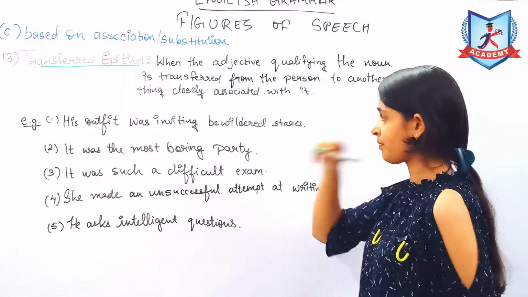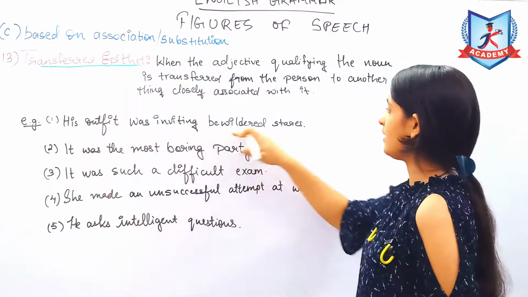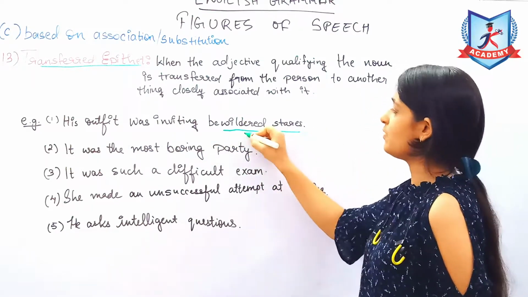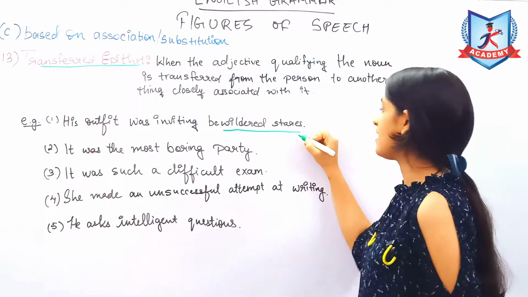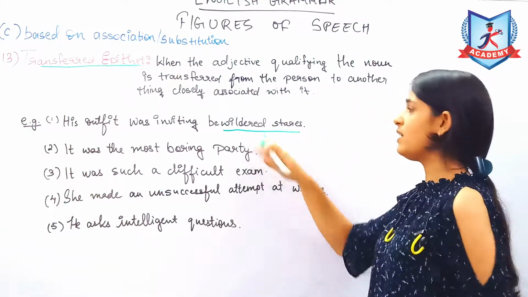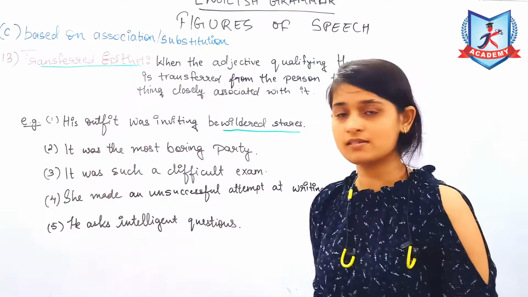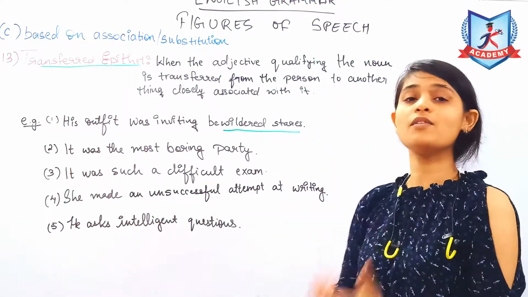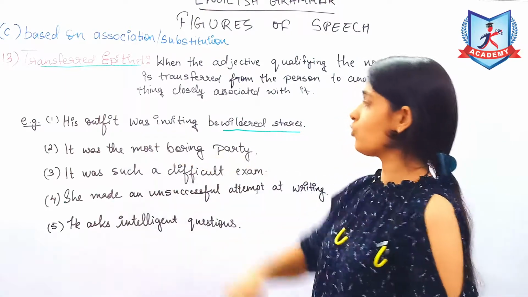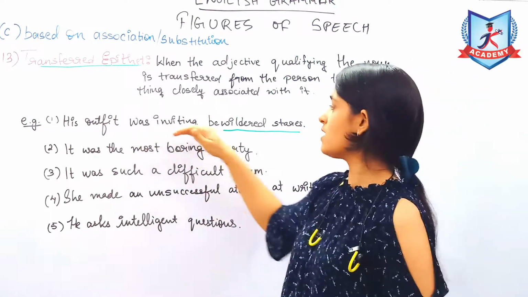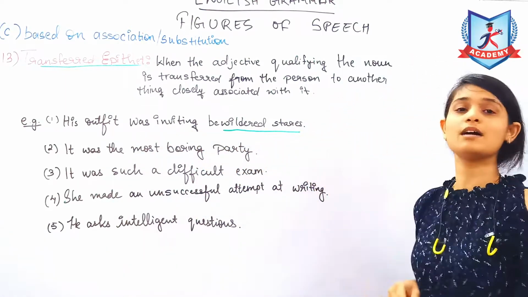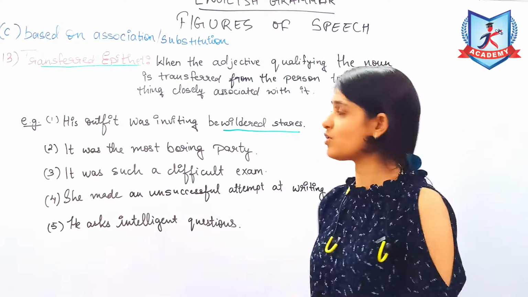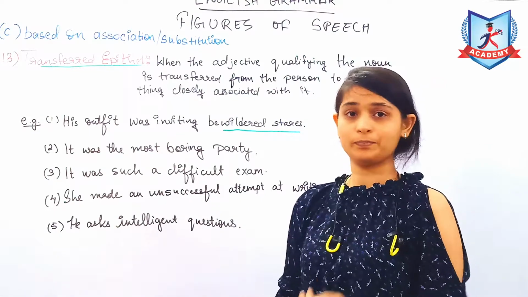For example, bewildered stares. Bewildered is an adjective, stares is a noun. Bewildered means surprised. The stares were not surprised, but the people were surprised at his outfit. Bewildered stares means the people were surprised when they saw his outfit.